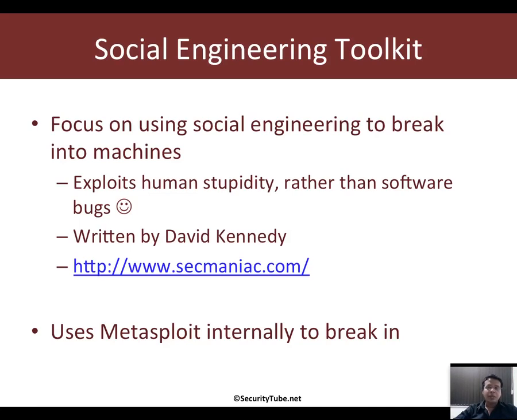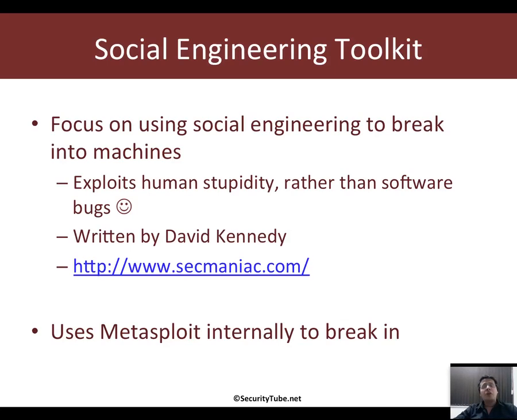At the same time, you may have people who barely get away with using their computer properly. So the Social Engineering Toolkit targets human stupidity and breaks into machines using that. This was written by David Kennedy. You can go to secmaniac.com for more interesting things from David, including DerbyCon, which is a fantastic conference.